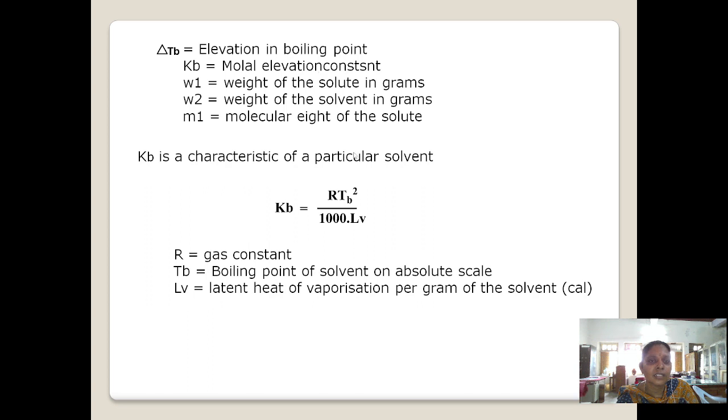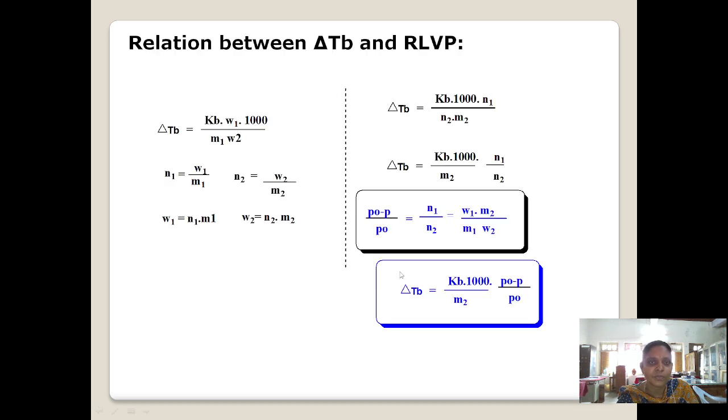Kb is a characteristic of a particular solvent. Kb equals R TB square by 1000 into LV, where LV is the latent heat of vaporization and TB is the boiling point of the solvent on the absolute scale.